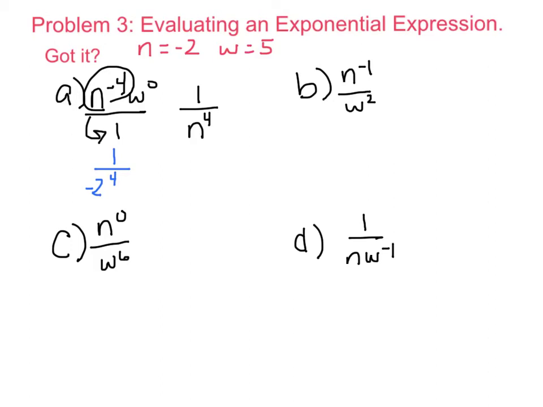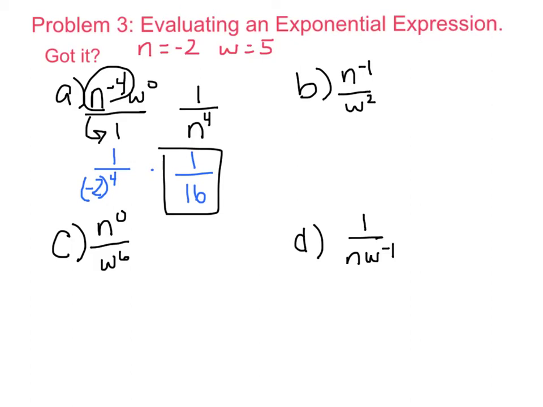You are taking the value of negative 2 to the 4th power, so that has to be in parentheses. So, 1 over negative 2 to the 4th power. So negative 2 times negative 2 times negative 2 times negative 2. Here's all I do. I just take 2 to the 4th power. Well, 2 to the 4th power is 16. And a negative to an even power is just positive. So my answer is going to be 1/16.